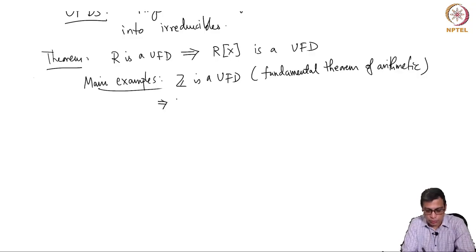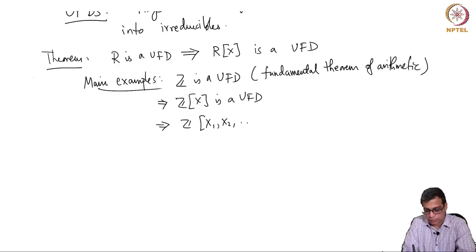Okay, so Z[x] is a UFD. In fact, because Z[x] is a UFD, you can take two variables, three variables. A two variable polynomial ring is a one variable polynomial ring over a one variable polynomial ring. So continuing like this inductively, you conclude that this is a UFD.